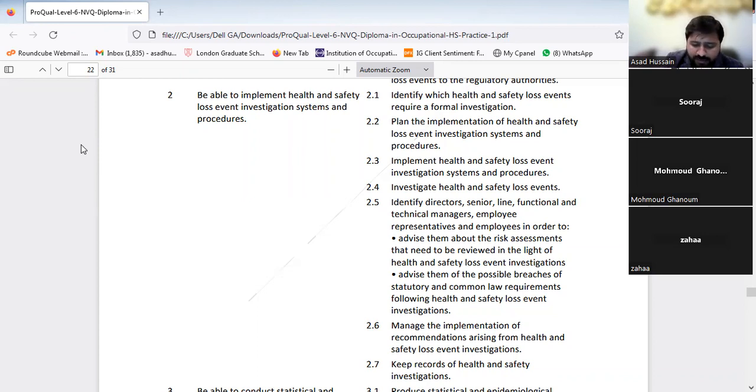So in this case, it is actually asking how we are managing those suggestions. You have to explain here how the outcomes of an investigation and the recommendations with that investigation are managed in your organization.